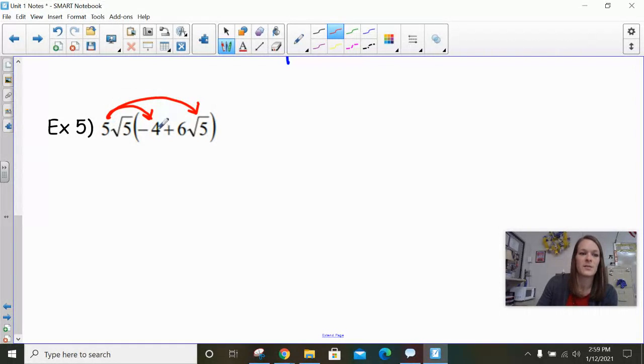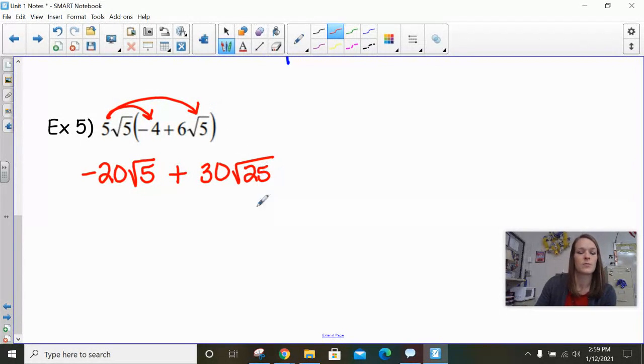So 5 times negative 4 is negative 20, and then I'm bringing down that square root 5 with it. Plus, now I'm going to multiply the 5 on the outside times this 6 to get 30, and now this square root 5 times this square root 5 to get square root 25.